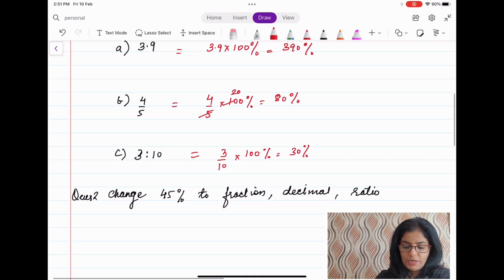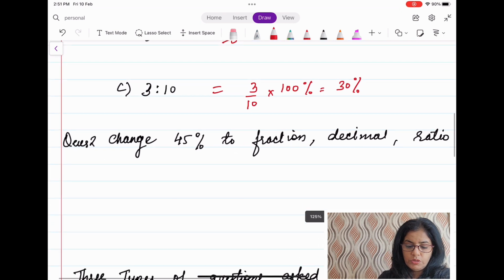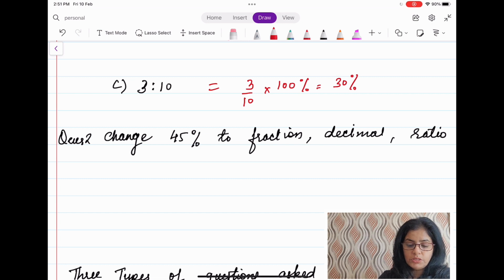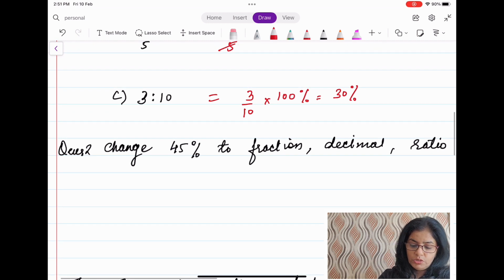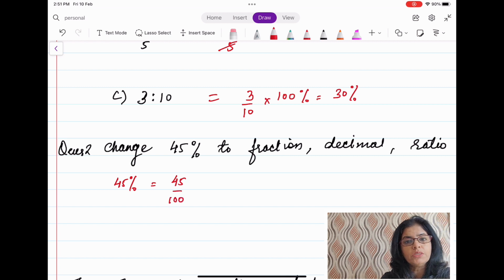Now, what are the other types of questions that are asked? The other type is you change the percentage to decimals, fractions or ratio. So here the question is 45%. If you have to change it to a fraction, it becomes 45 upon 100, because we know percent is 1 upon 100. If I have to change it to a decimal, since there are two zeros in the denominator, I can remove the zeros and it will become 0.45.